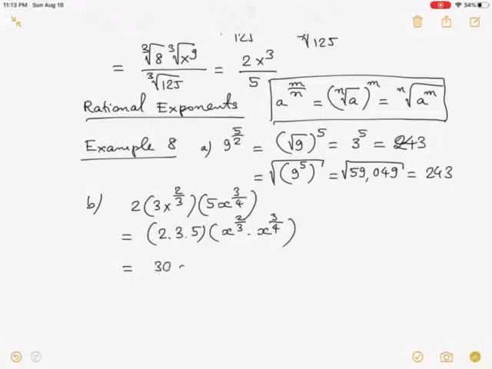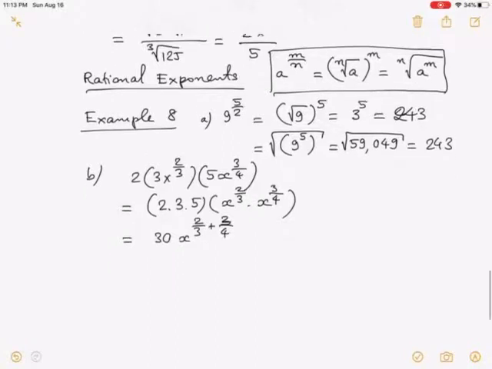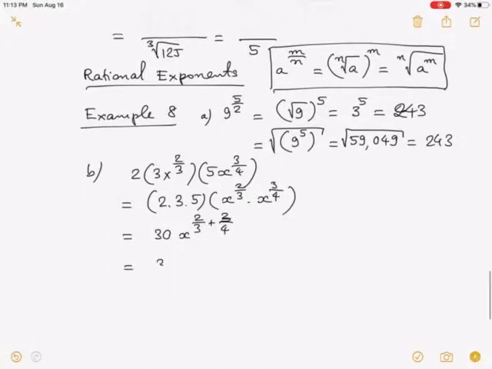So this is 2 times 3 is 6, 6 times 5, this is 30. And x to the power 2 over 3 plus 3 over 4. So it is 17 over 12.